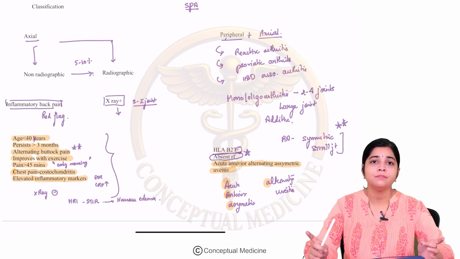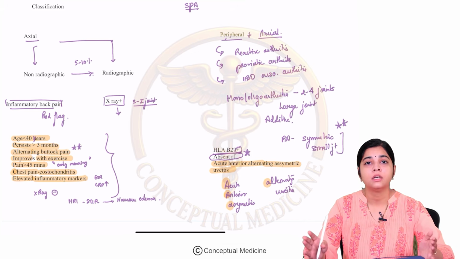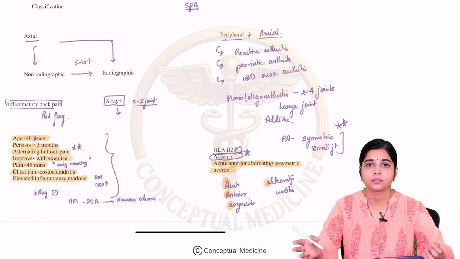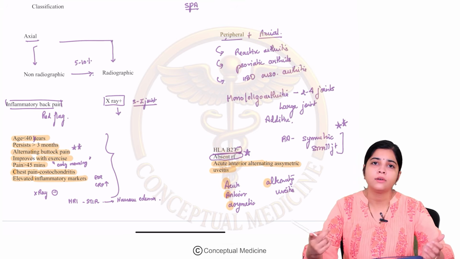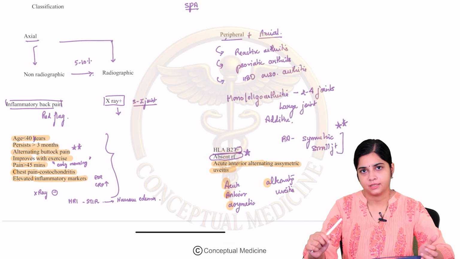Okay, so whenever you ask about history in your patient with probably a mono or an oligoarthritis, always ask about vertebral involvement or basically back pain, which is suggestive of an inflammatory back pain, and always ask about uveitis as well.